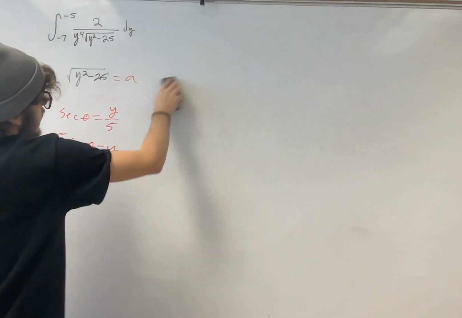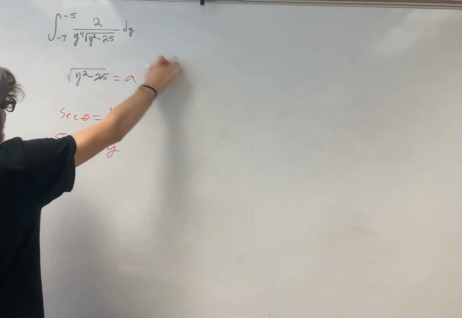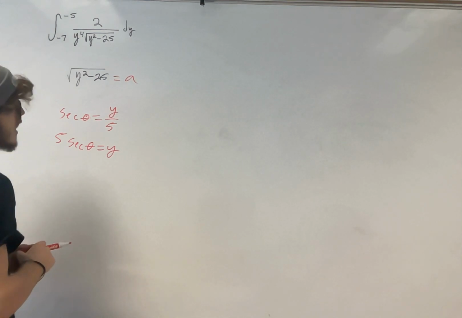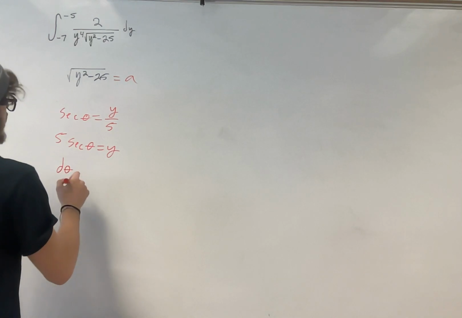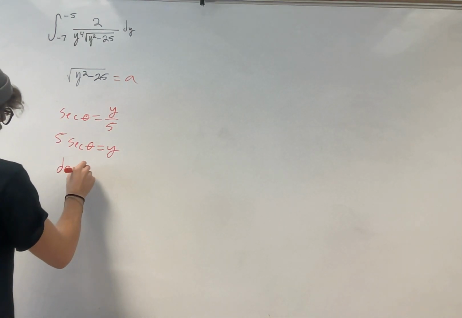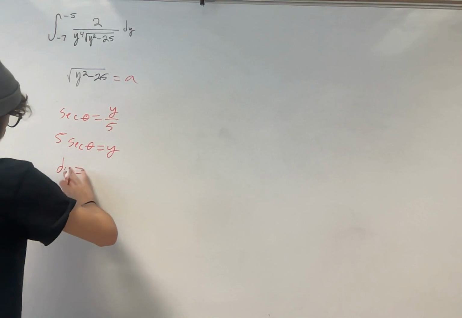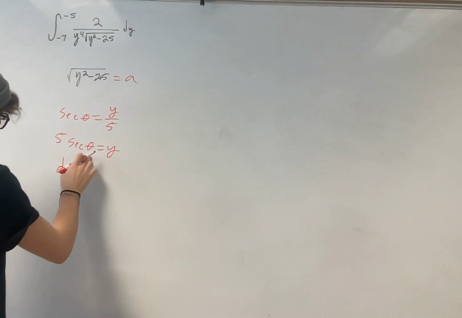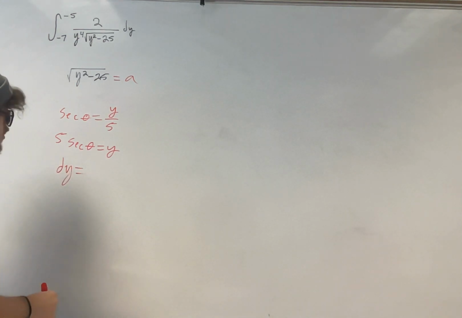But there's one more thing that we have to do, which is define dy, because when we change it out for a theta term, it's going to be d theta. We're taking the integral with respect to theta, so we have to find what dy is and substitute it with d theta. So dy equals the derivative of this.